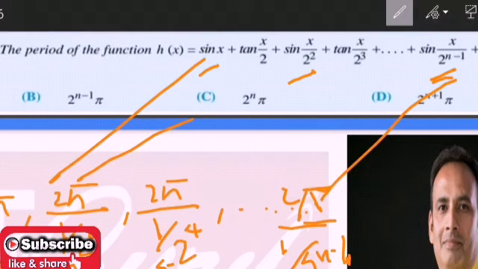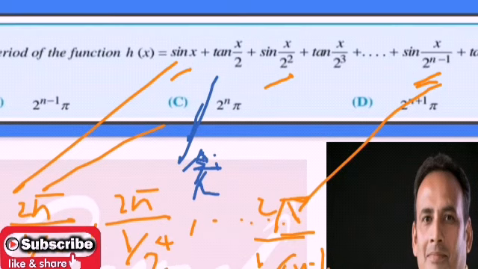For tan x by 2, the period of tan x is pi, so you have to divide with pi upon 1 by 2.